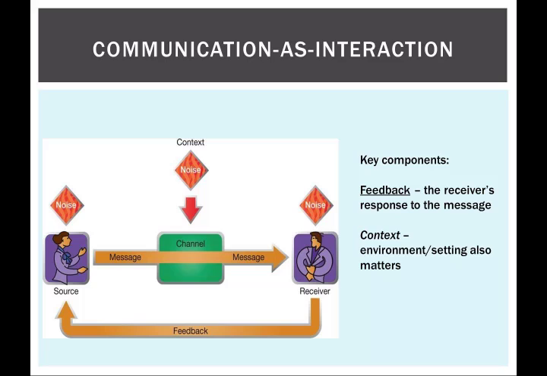So again, environment in actual physical settings can be one aspect that you look at. You can also look at more psychological settings or relational settings in which this interaction occurs. So you could talk about perhaps how the length of the relationship has an impact on the interaction between the source and the receiver.